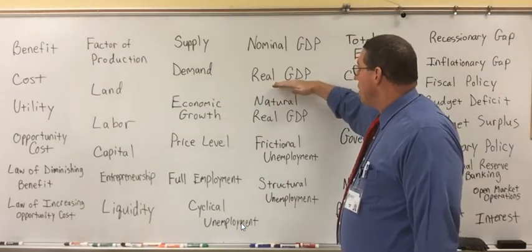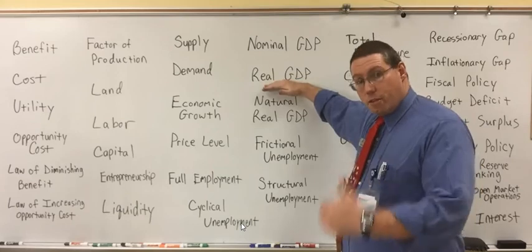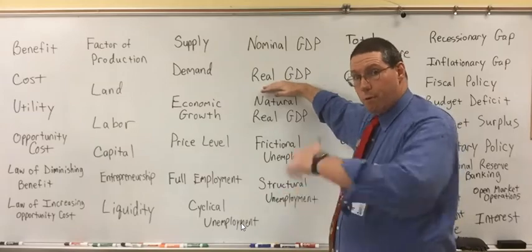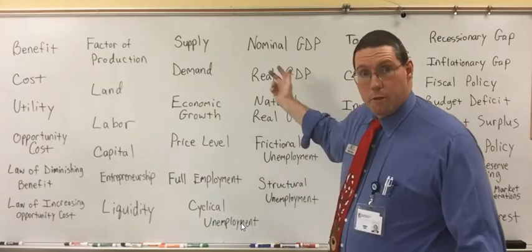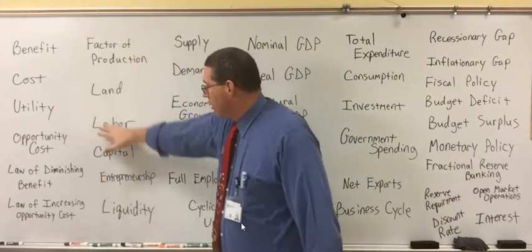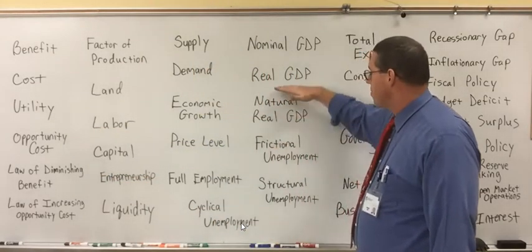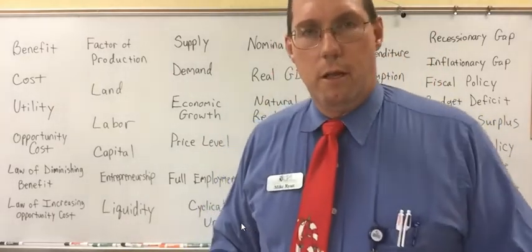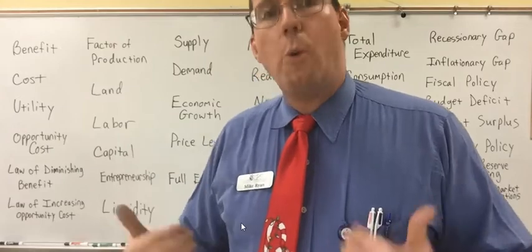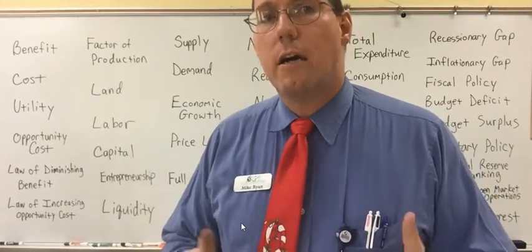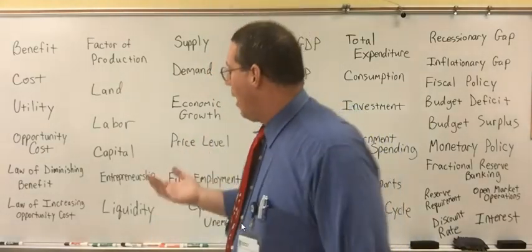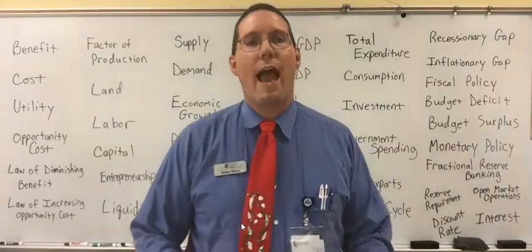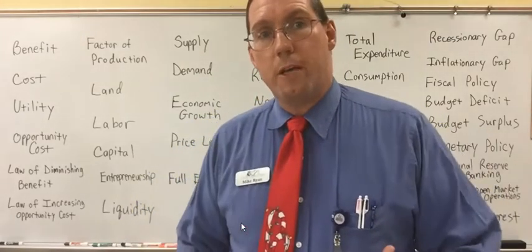Now, because real GDP is the stuff that's produced in the economy, it's a measure of the goods and services produced in an economy. What do we make the goods and services out of? We make them out of factors of production: land, labor, capital, and entrepreneurship. In the economy, there is an ideal level of production that we can achieve based on our stock of factors, based on how much land, how much labor, how much capital, and how much entrepreneurship we have, an amount of stuff that we can produce.